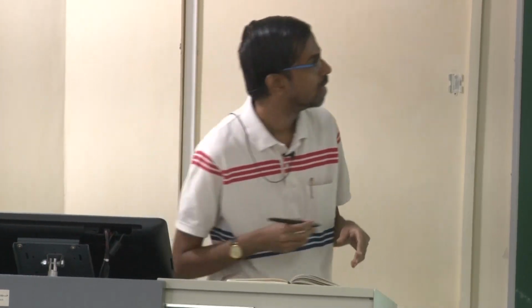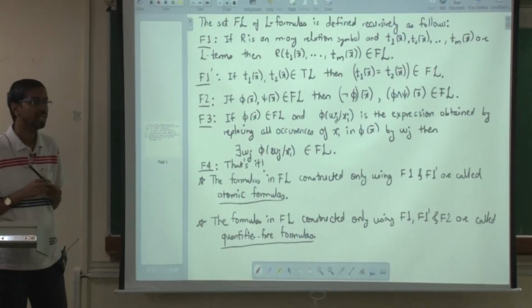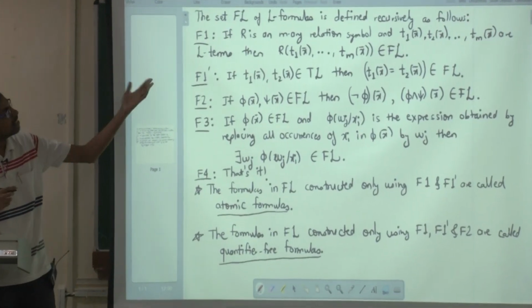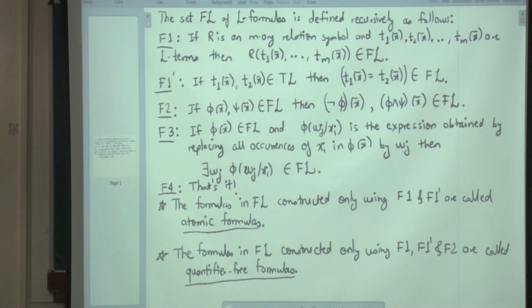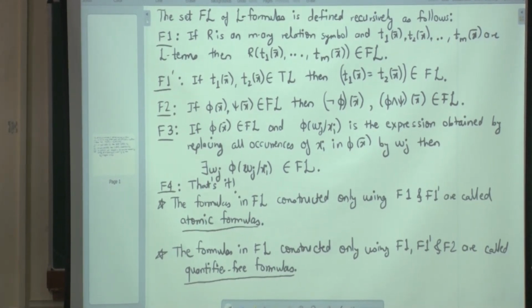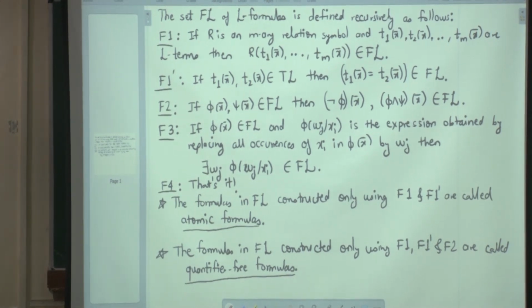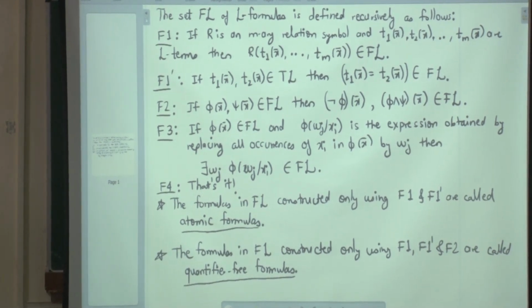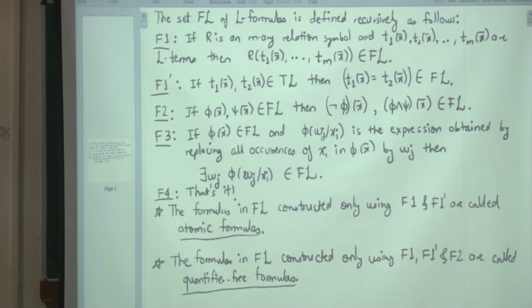If R is an m-ary predicate symbol, and t1, t2, ..., tm are terms in context x bar, with x1, x2, ..., xk the appropriate variables for those terms, then R(t1, t2, ..., tm) is a formula. A formula is something which can be either true or false depending on the assignment.